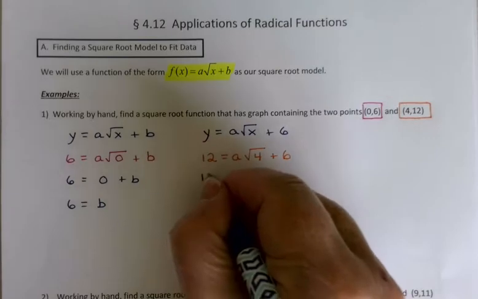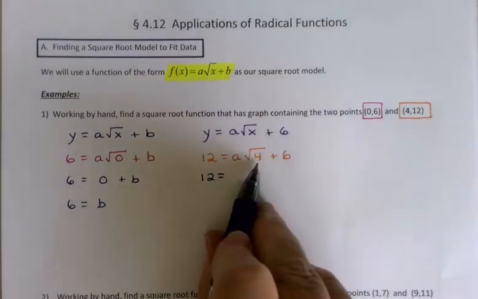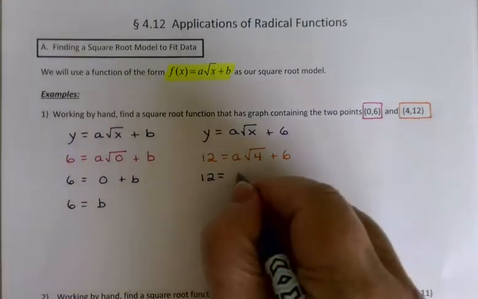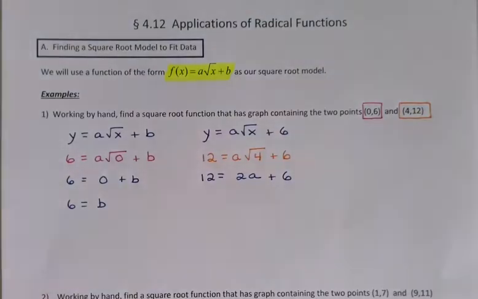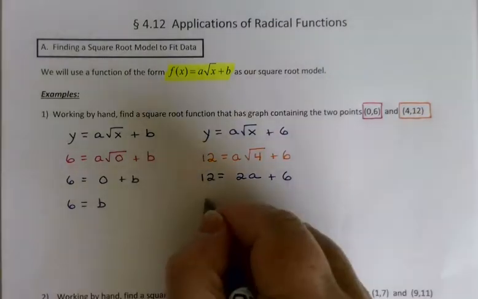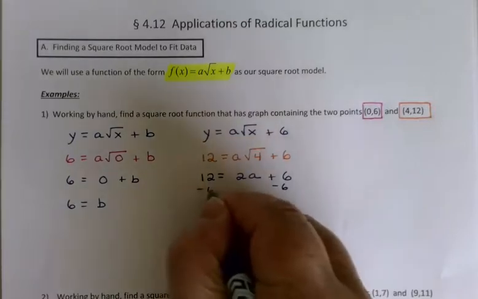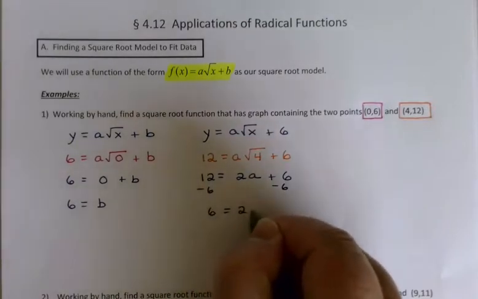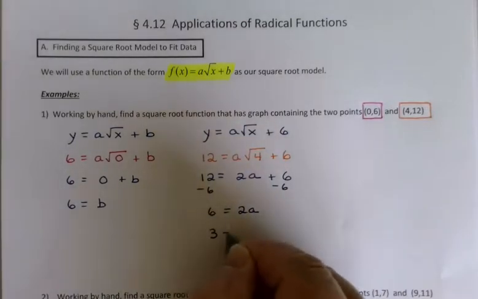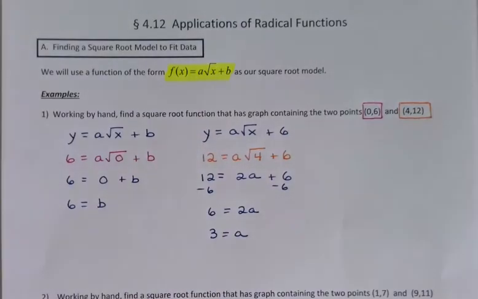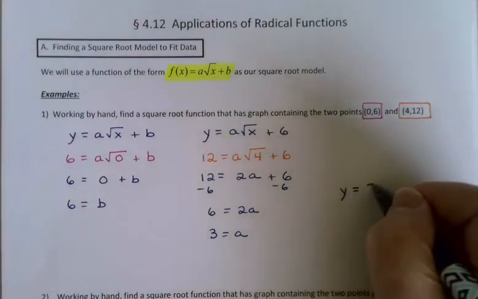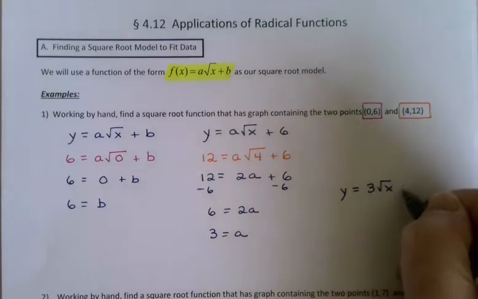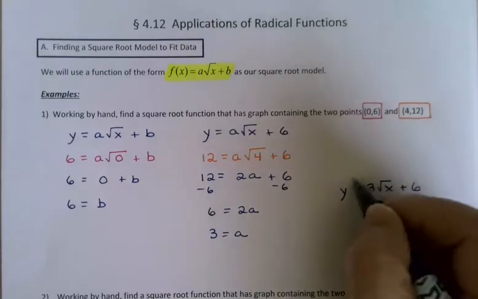So let's see, that would say 12 is equal to, square root of 4 is 2, so that's just 2a plus 6. I'm going to subtract the 6. So 6 equals 2a, and a equals 3. So my square root function, y equals 3 times the square root of x plus 6.